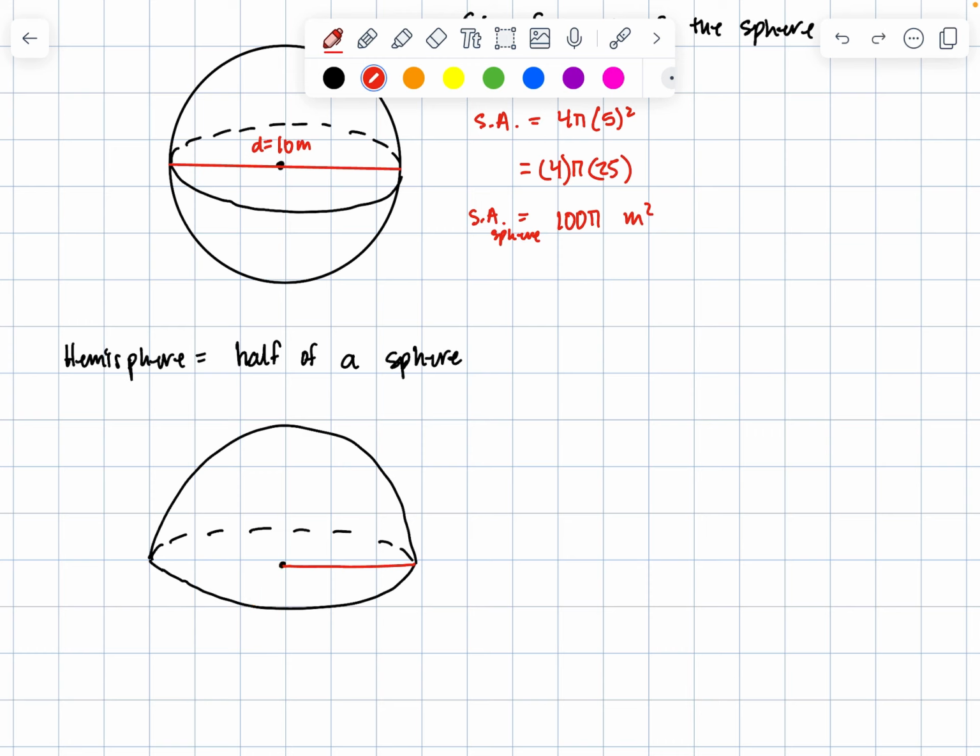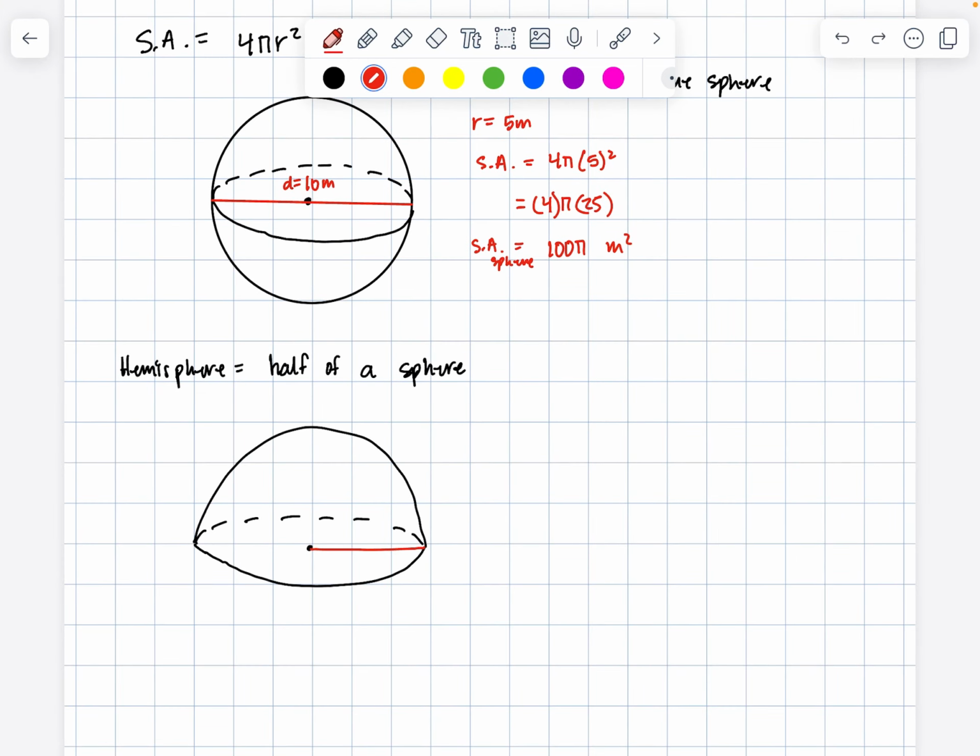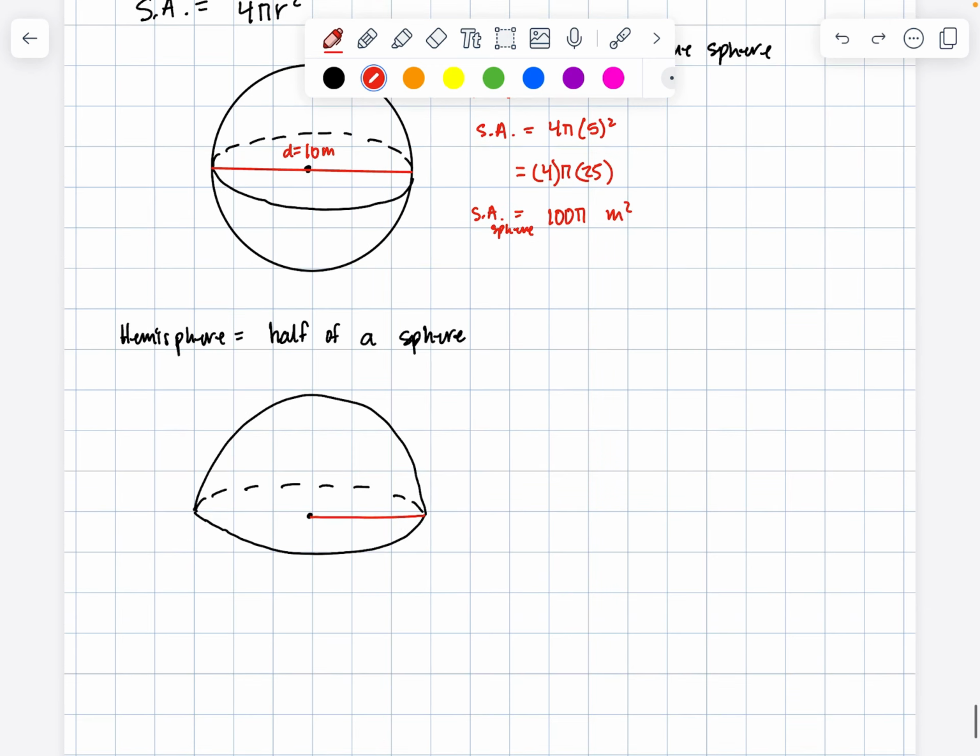So if we have this hemisphere, half of the sphere, the surface area of a hemisphere is slightly different, because you're not just cutting this in half as you would think. Yes, the hemisphere is half of a sphere, but the surface area changes because, as we discussed, surface area is the parts that you could actually physically touch, right?